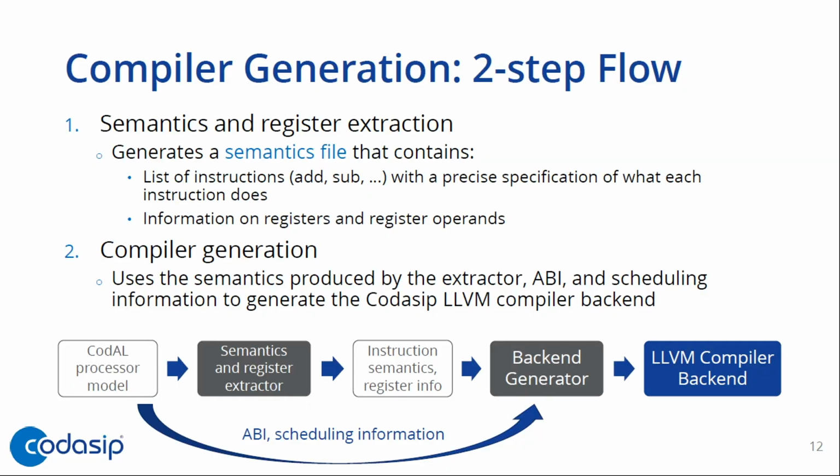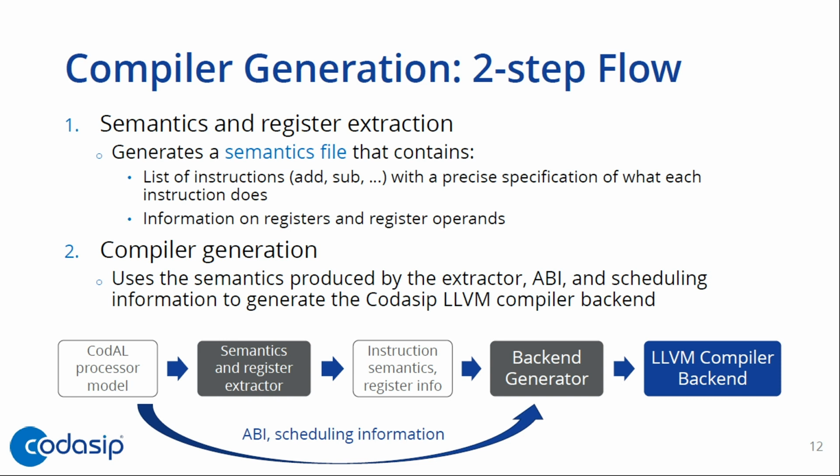And then if we get this information, the generation itself is split into 2 phases: the semantics and register extractor, and then the backend generator itself. The purpose of the semantics and register extractor is to get a list of instructions with semantics, to get the patterns that the backend needs, with a precise definition of the registers that it's going to use and so on.